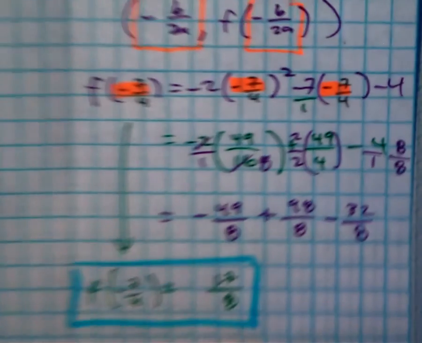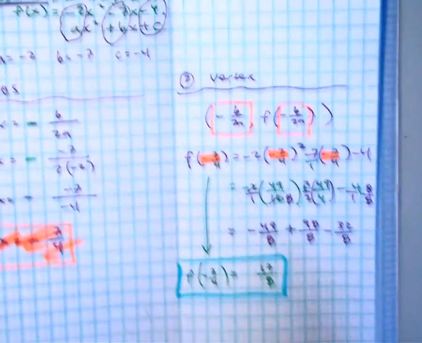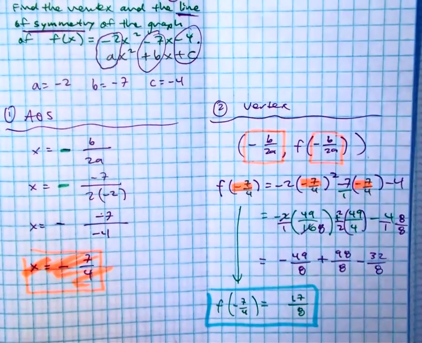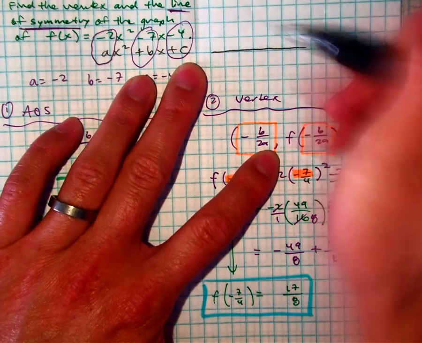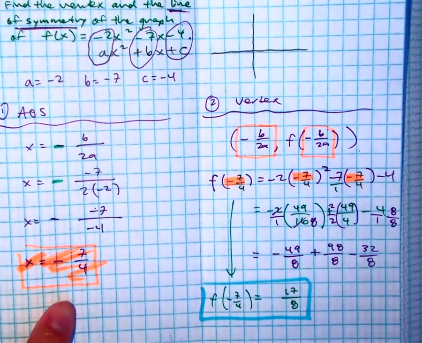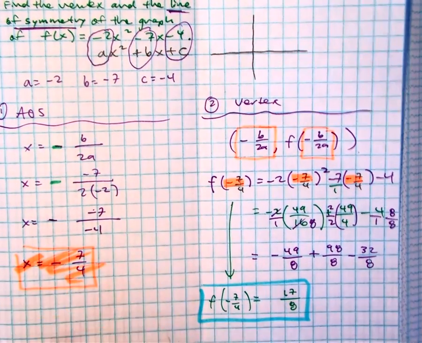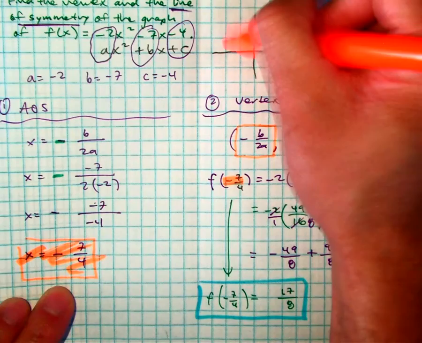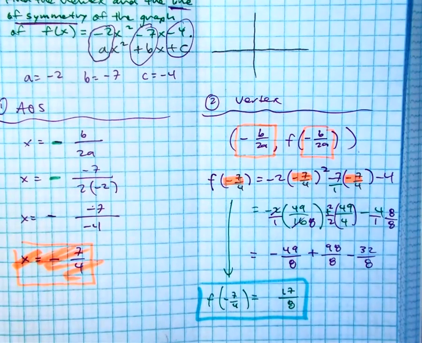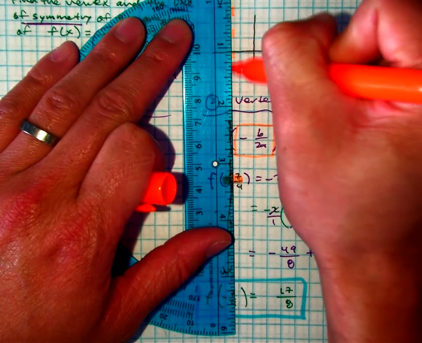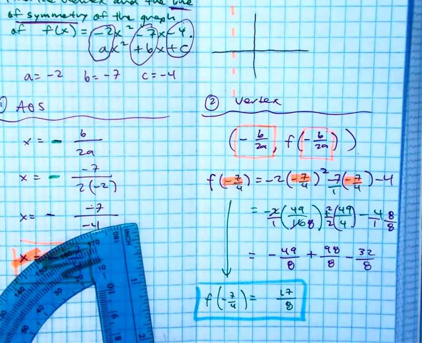Alright, let's give ourselves a visual to see what we actually did here. Just a really quick sketch, nothing super accurate. We're basically saying that the axis of symmetry, negative 7/4, goes in between negative 1 and negative 2. Looks like a line like this. It's not an asymptote.